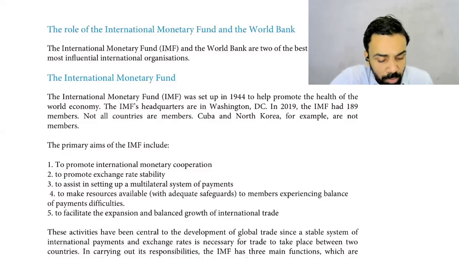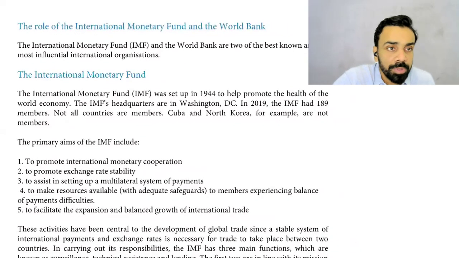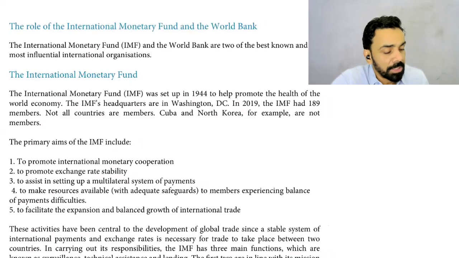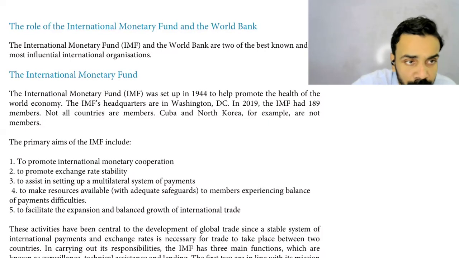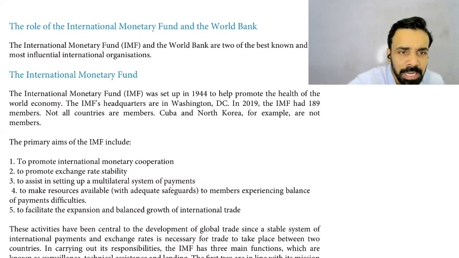Then we want to talk a little bit about the IMF and the World Bank. These were all established after World War Two, in 1944, the IMF and the World Bank also. There are about 189 member countries in it. The headquarters is in Washington, D.C. Countries like Cuba and North Korea, they're not part of this, obviously.